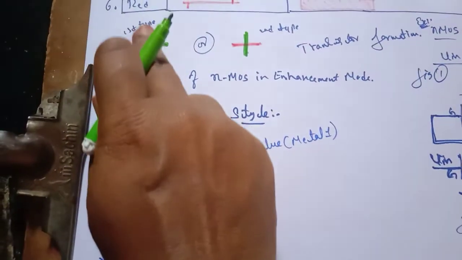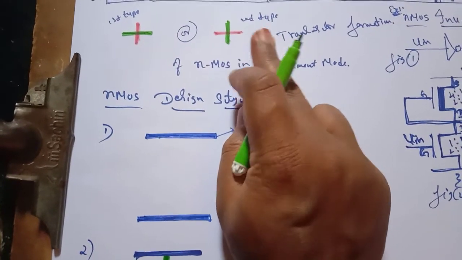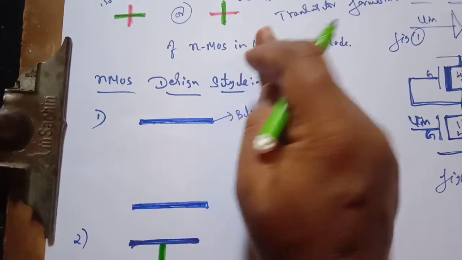I am using the second type of transistor formation where the diffusion is vertical and the polysilicon is horizontal.